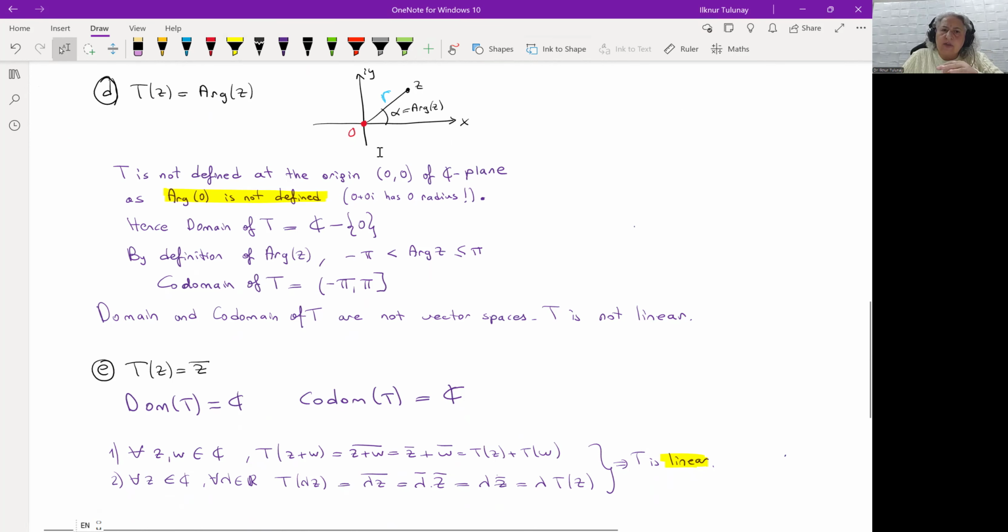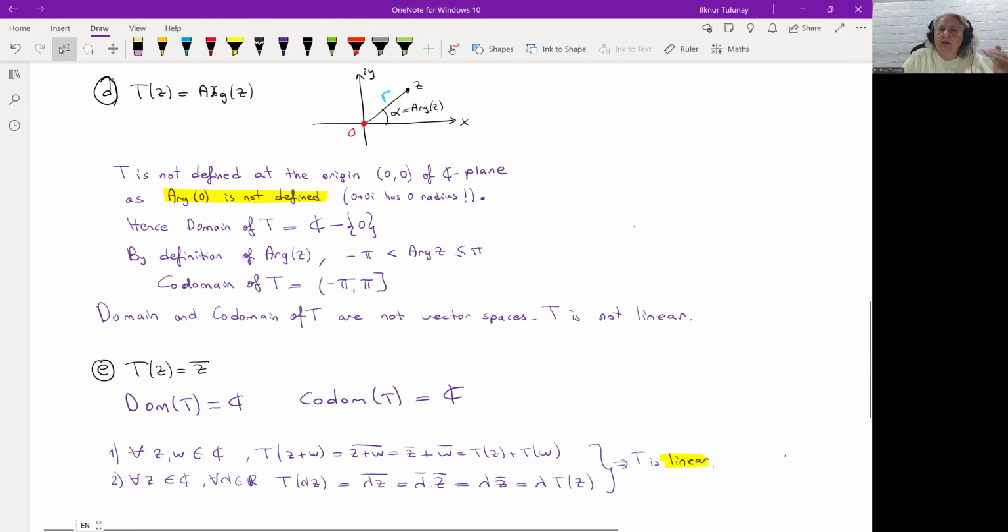In this definition, the input is every complex number, so the domain is the complex numbers, but if z is equal to 0, we don't have an argument of z, so it is not defined. So for the domain of T, we should subtract the origin from the complex plane. Similarly, what is the codomain?